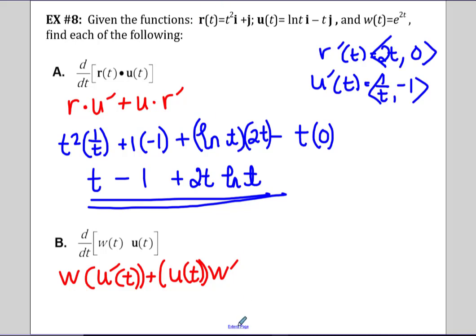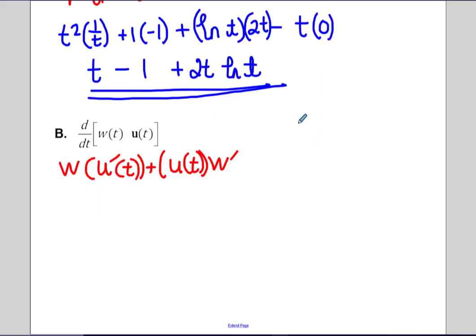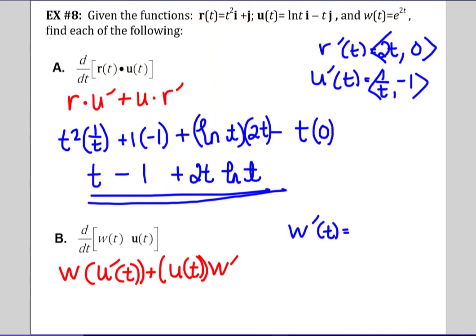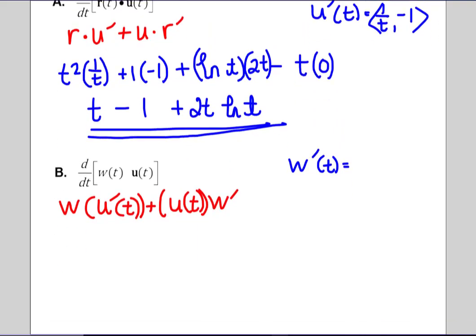In this case, we need W prime of T, which is 2e to the 2t. And then U prime of T, we already found that in part A, 1 over T and negative 1.